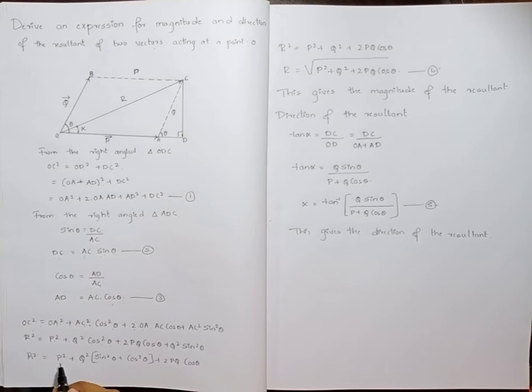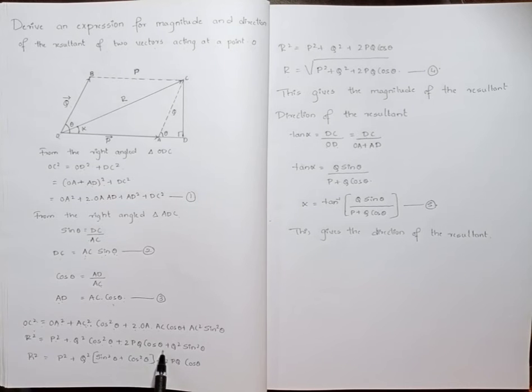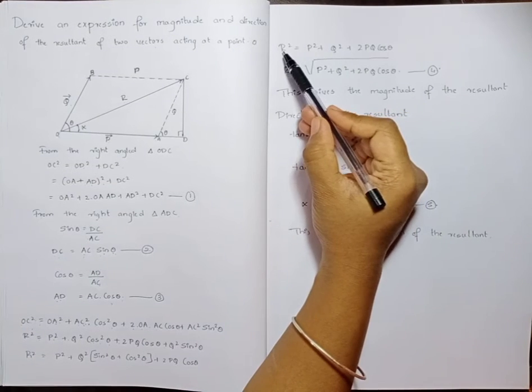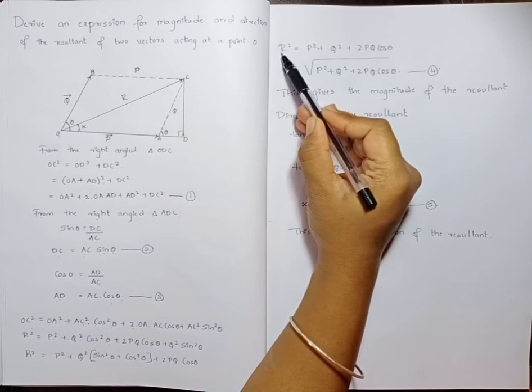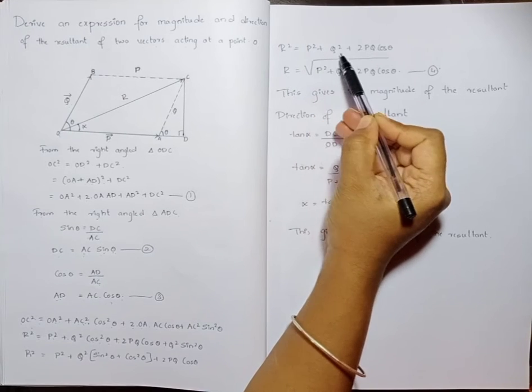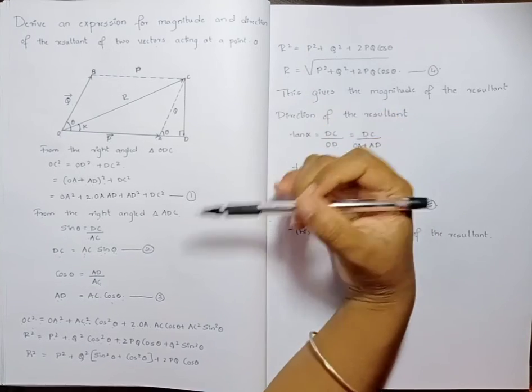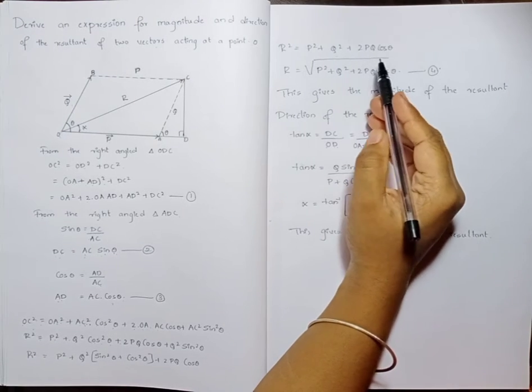So R square is equal to P square plus Q square. In the bracket, we'll take Q square common, that is sin square plus cos square theta, plus 2PQ cos theta. Next, R square is equal to P square plus Q square plus, what is sin square plus cos square?